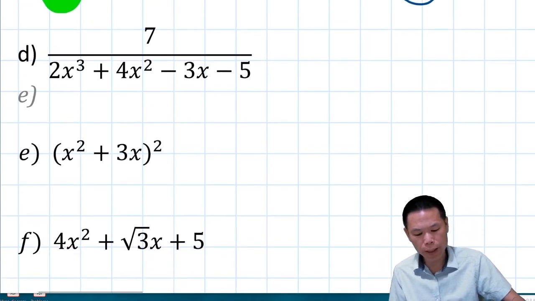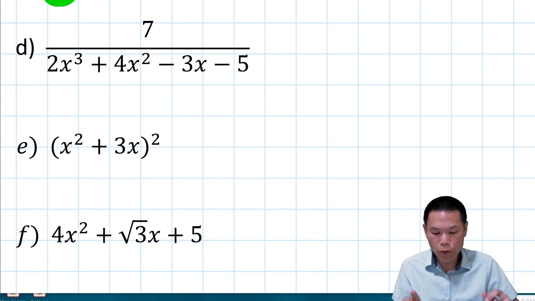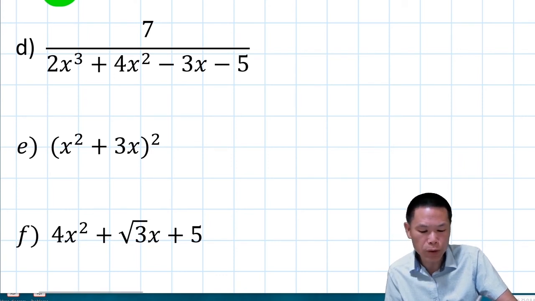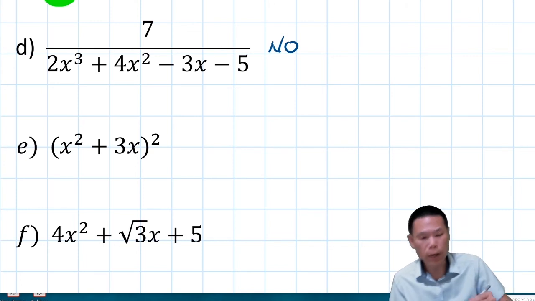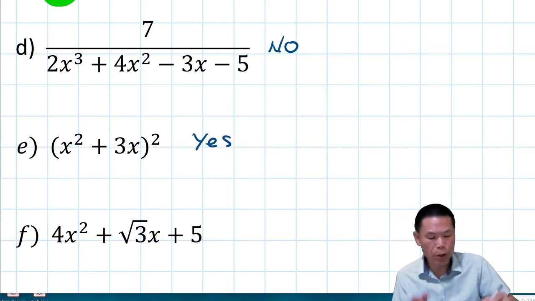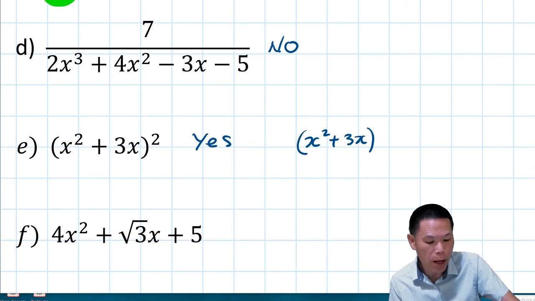No means not a polynomial in this case. Now we have this one here. For part D, we have 7 over the whole lot of expressions. So therefore, it is not a polynomial. So I just write no. And next one, this is yes, it is a polynomial because you can expand this out. Say x squared plus 3x all to the power of 2.